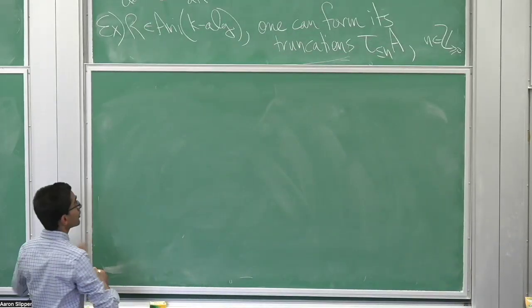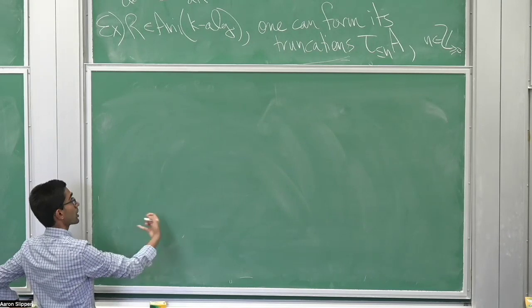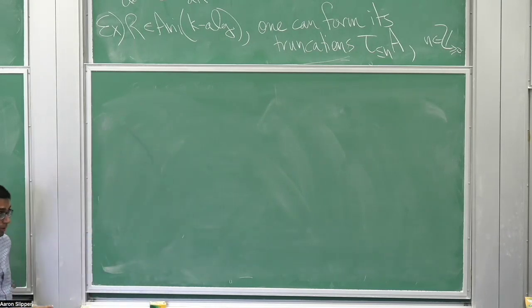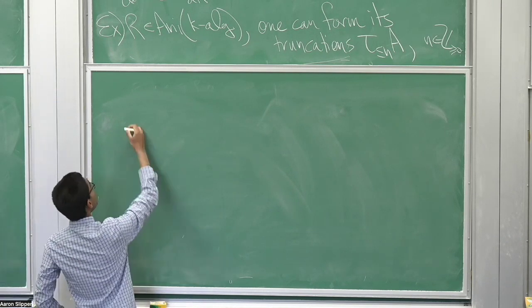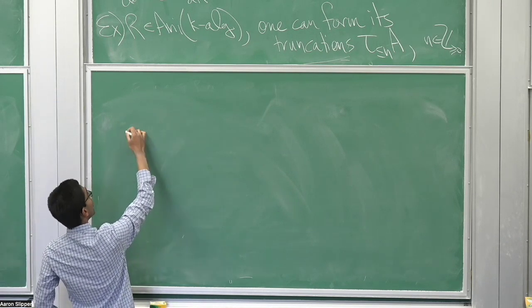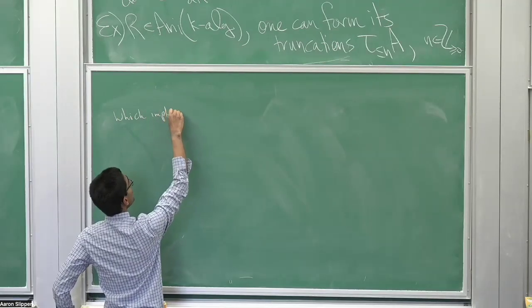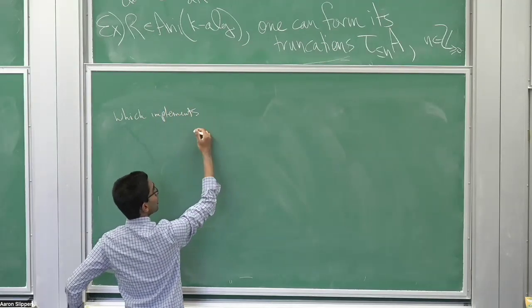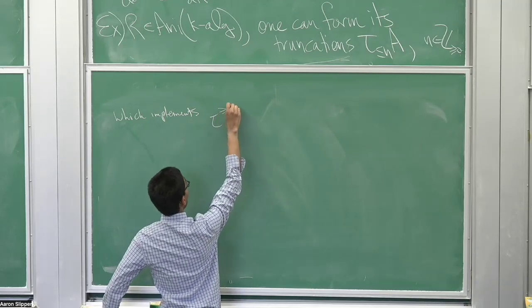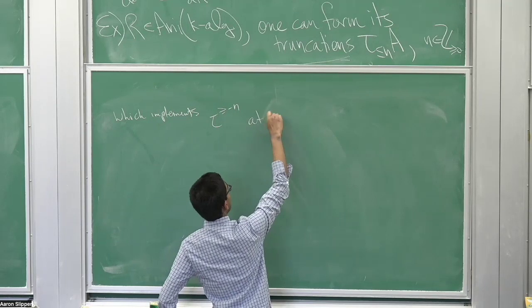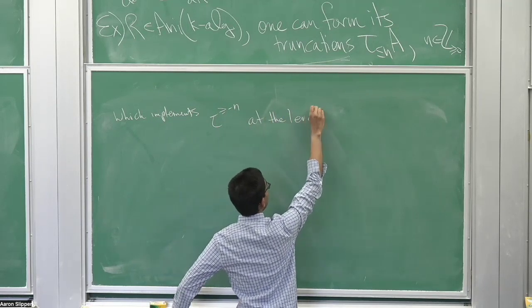This is the truncation at the level of underlying objects of the derived category, and it implements tau greater than or equal to minus n homological conditions at the level of homology.